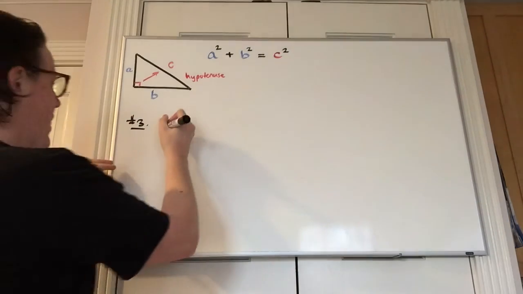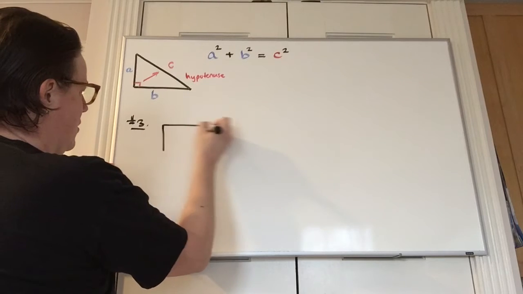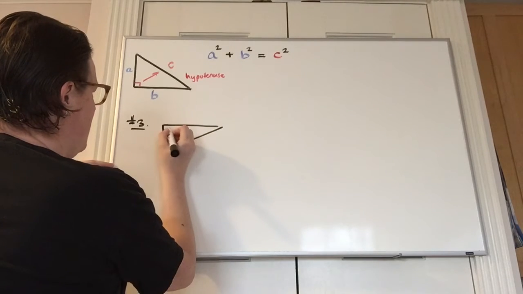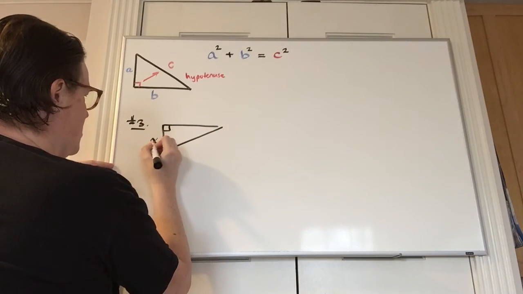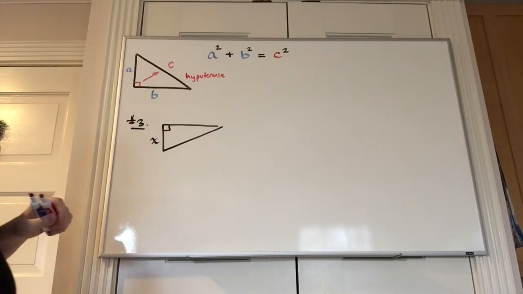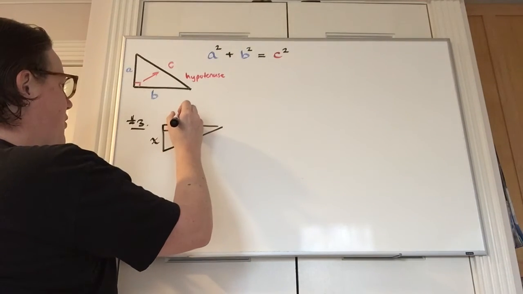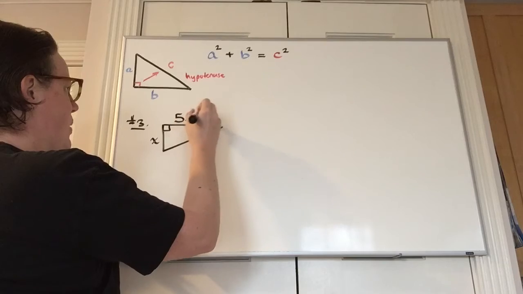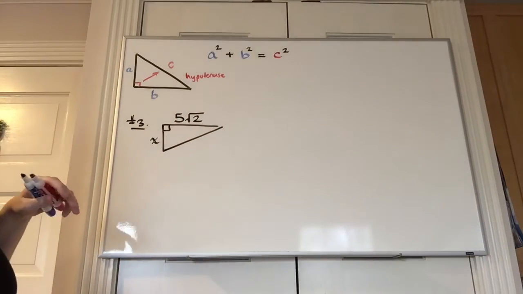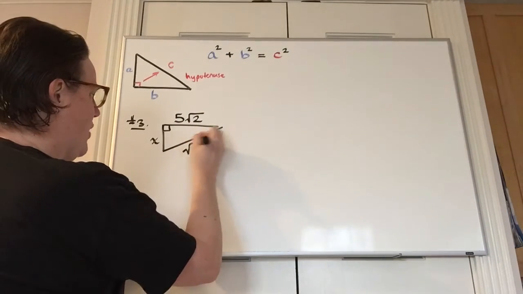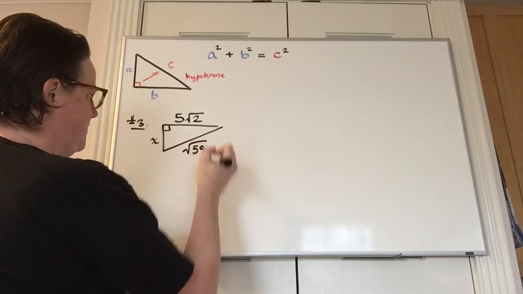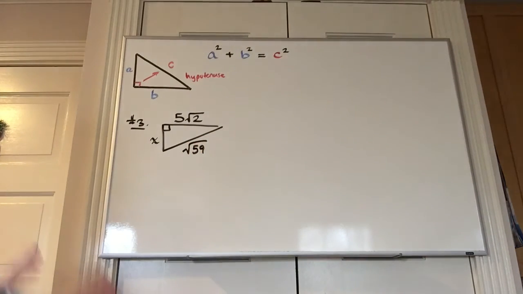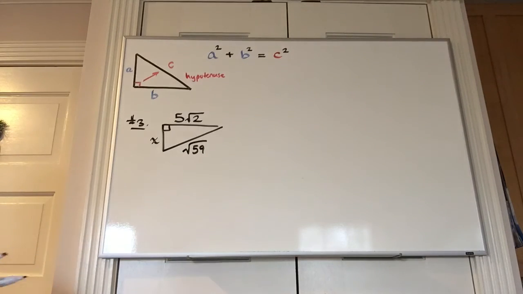A right triangle with some missing side that I'm going to call x, a side right here that is a length of 5 times the square root of 2, and then this side right here is going to be the square root of 59. Like I said, we practiced with weird roots last time so that if you encounter weird roots, you'll know how to work with them.